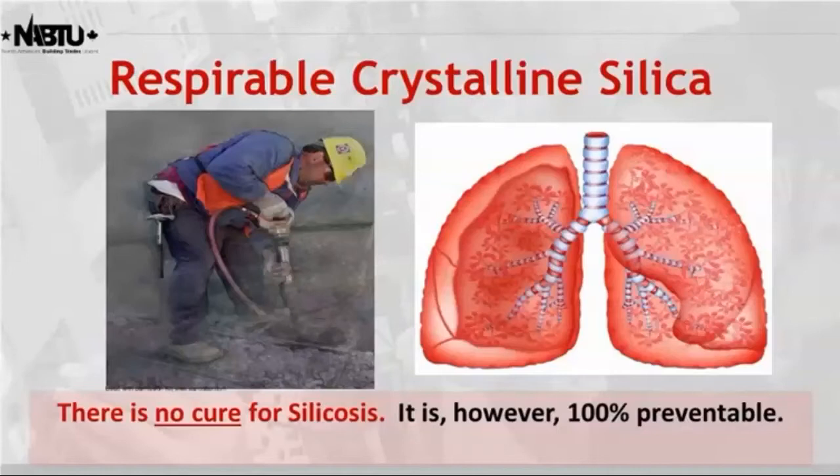Where's it going to go? It's actually going to his lungs. There's no cure for silicosis. But looking at this photograph, if you probably already thought of it, there's ways of preventing this 100%. What I mean is you can prevent that dust from landing in the air. Okay, we'll discuss that through this program.